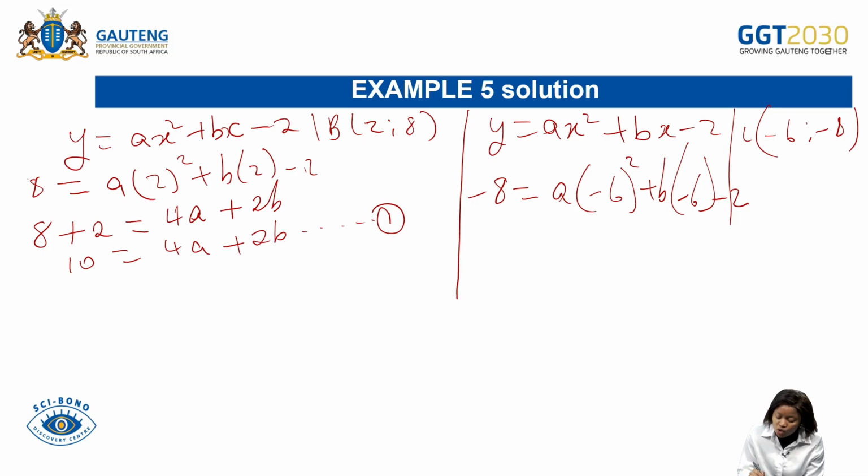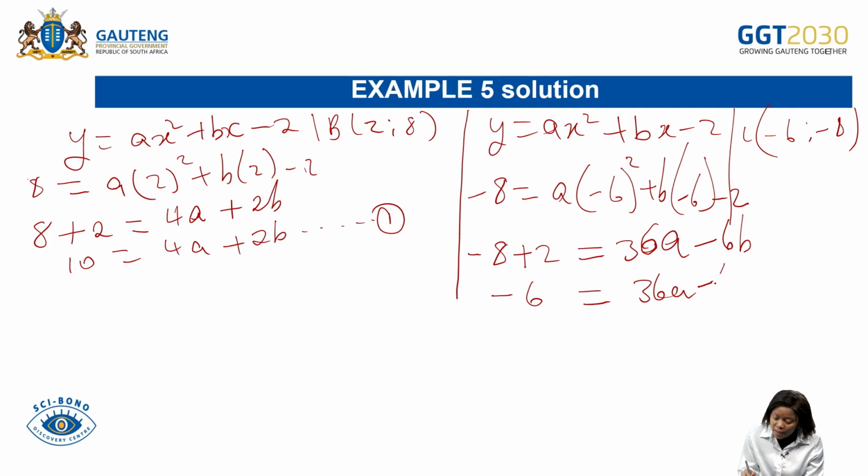I take the minus 2 to this side, so I have minus 8 plus 2, which is negative 6, equals 36a minus 6b. Let me double check: negative 6 squared, okay, that's 36. That's okay. Then I have equation 2.